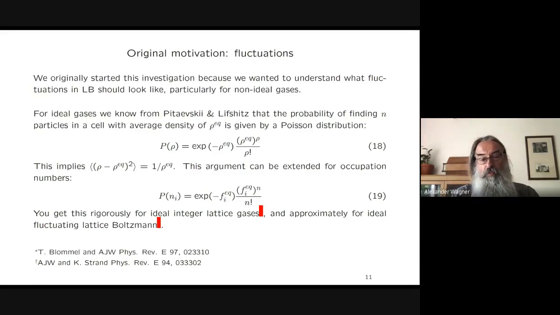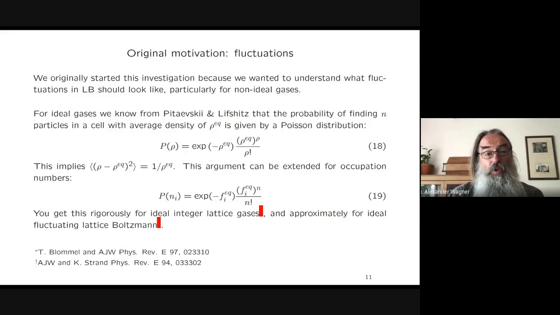And this is something that you can impose and rigorously get for ideal integer lattice gases, and you can get it reasonably well for ideal gas fluctuating Lattice-Boltzmann. Of course, for Lattice-Boltzmann, it can't be exactly a Poisson distribution because it's a continuous distribution, and so there's some subtleties there, but you can certainly get something where the moments agree fairly well with that.